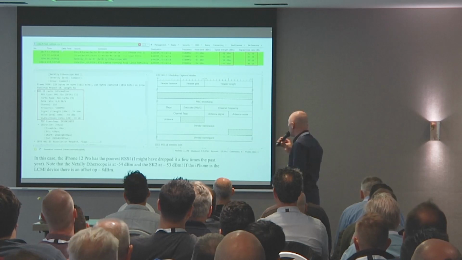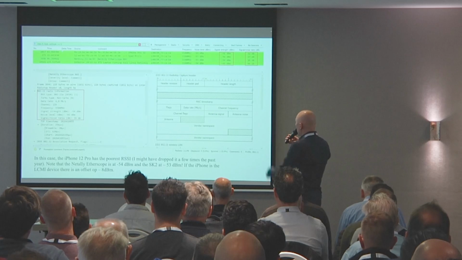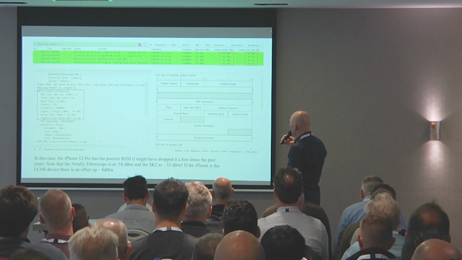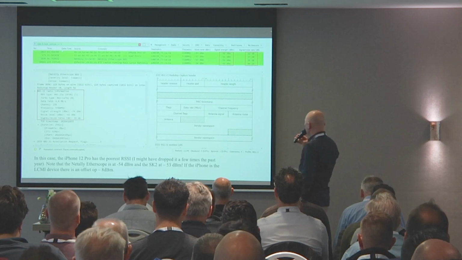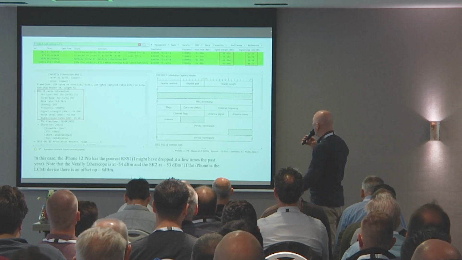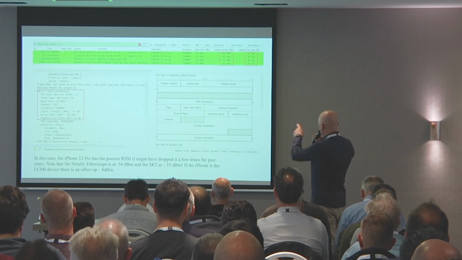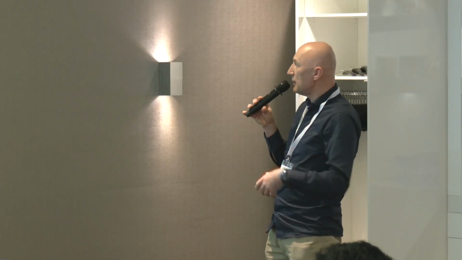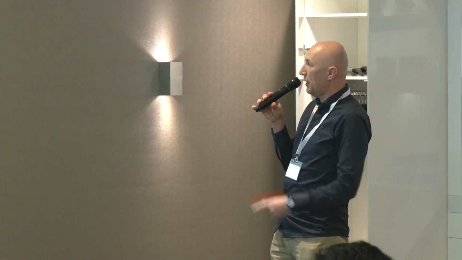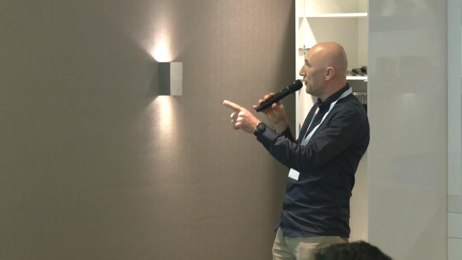Here we see in Wireshark, and as you can see, the one on top is the iPhone, and the signal strength here is negative 61. If you look at the bottom, that's my laptop, and it's negative 46. So as you can see, there's a huge difference between the laptop and the iPhone 12.